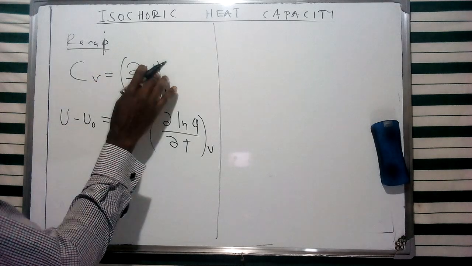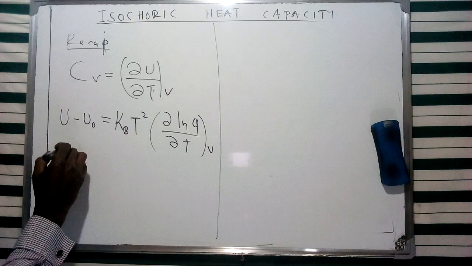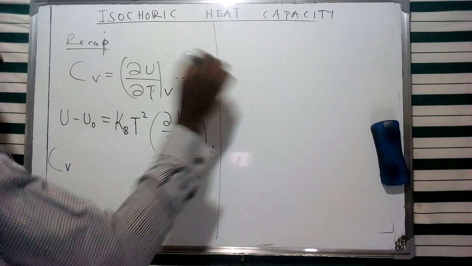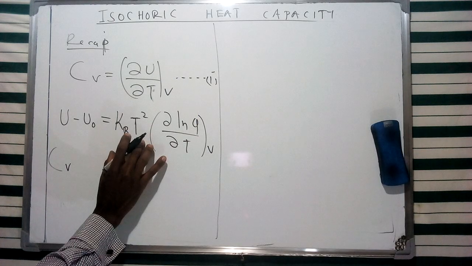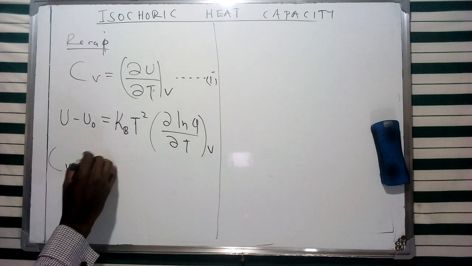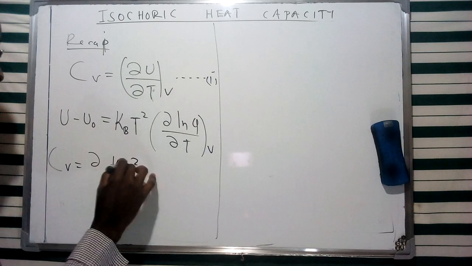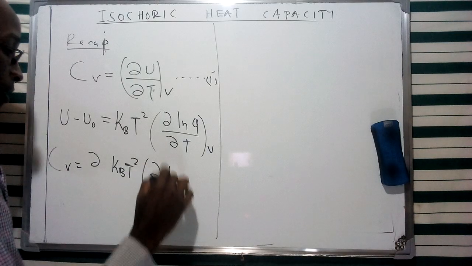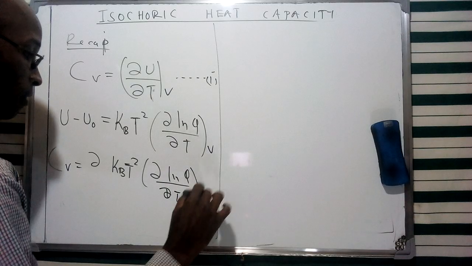And we said that one of the ways in which we can represent this isochoric heat capacity is as a substitution of this specific numerator. So let's call this one equation 1, and then we're going to derive another equation from this, considering this second aspect as k_B T squared, and then we're going to have the natural log of Q with respect to temperature at constant volume.